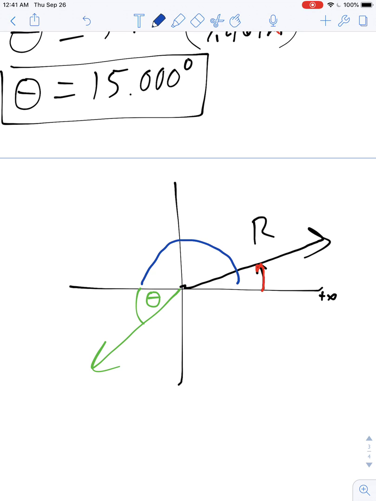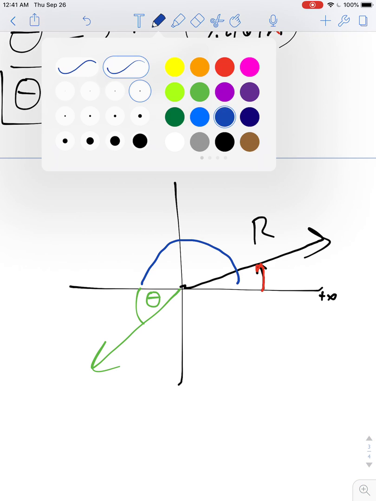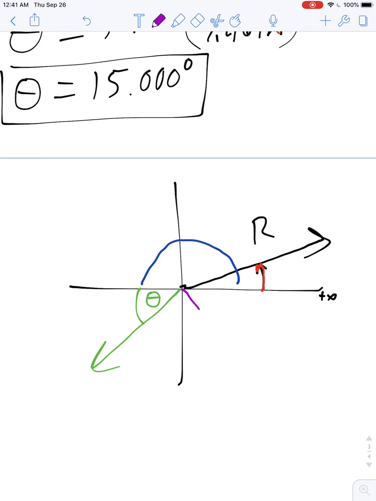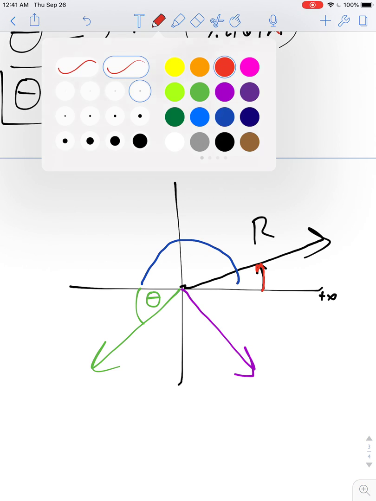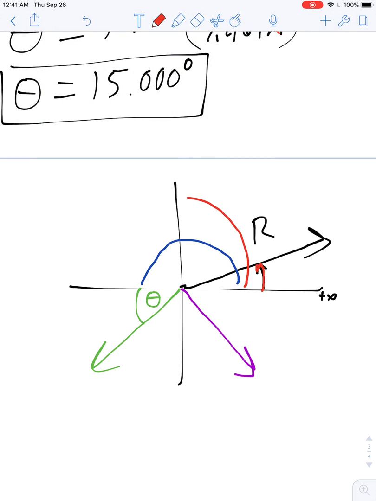So when you're doing these, picture it. Let me just do one more. Let's say our resultant vector pointed over here. WebAssign is going to want this angle counterclockwise from the positive x-axis, so what we're looking for is that red arc. How am I supposed to get that?